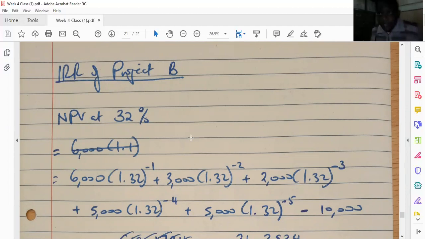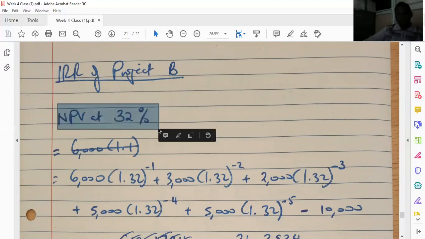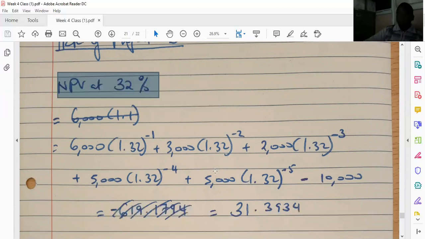we also use trial and error. We identify 2 discounting rates that give us a negative NPV and a positive NPV. So we try the NPV at 32% discounting rate. The NPV is equal to the present value of cash inflows minus the present value of cash outflows. So we multiply each cash flow by its present value interest factor.